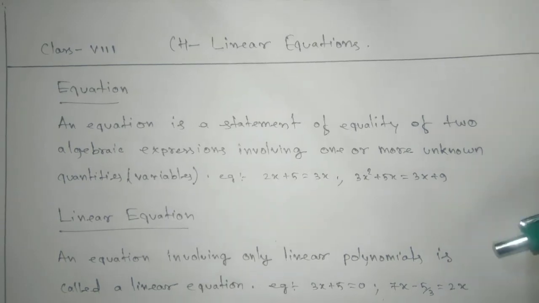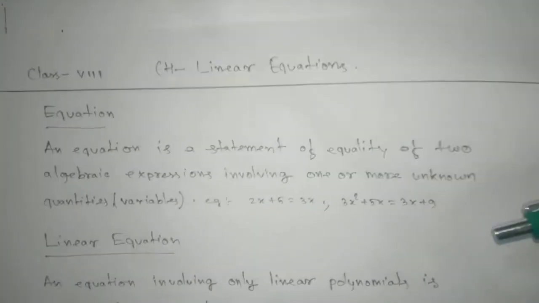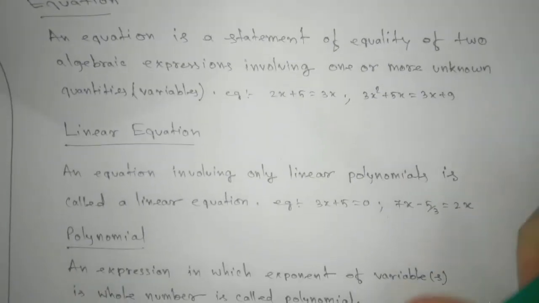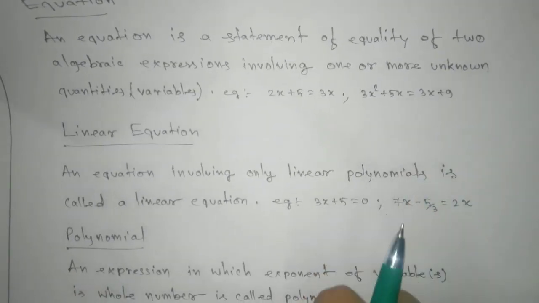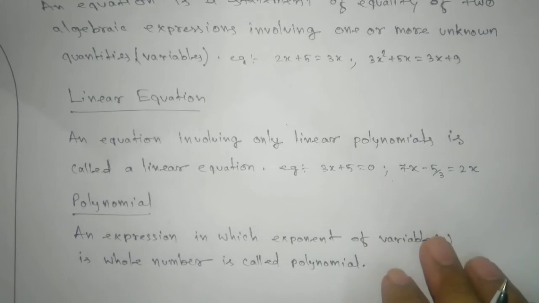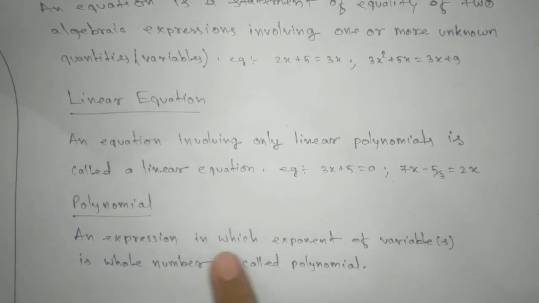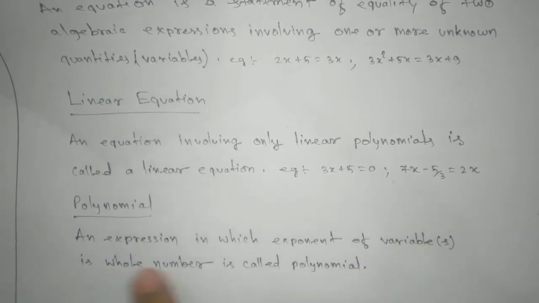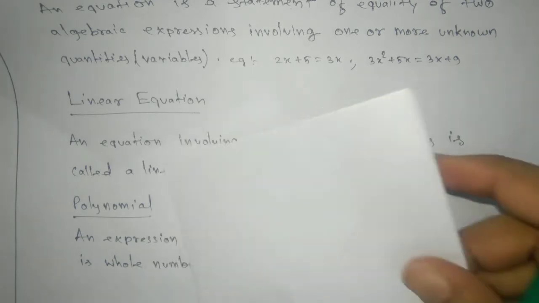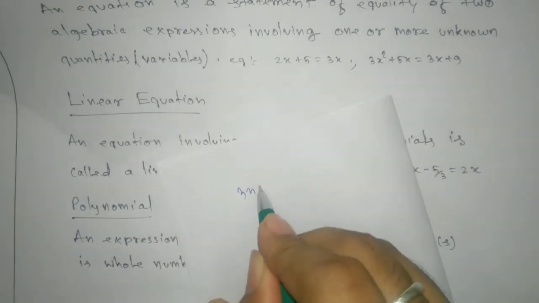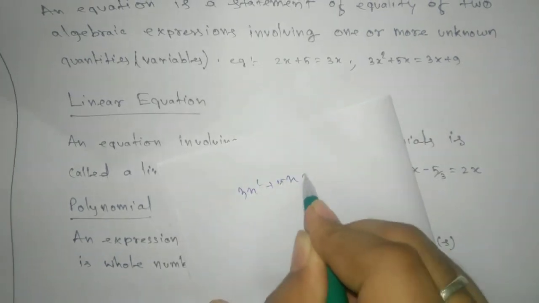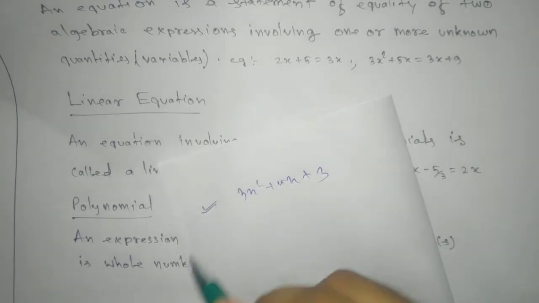Now we'll try to understand what we mean by polynomial. So what is a polynomial? An expression in which the exponent of the variable is a whole number. Like if we take 3x square plus 5x plus 3, this is a polynomial. Why?